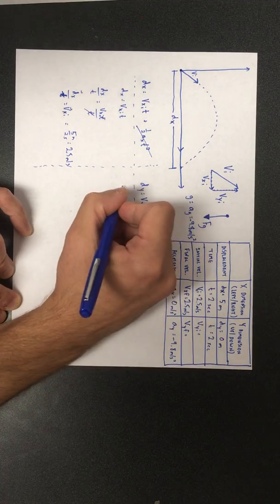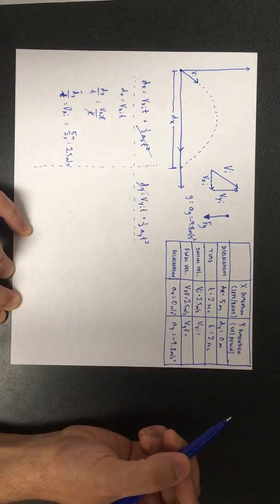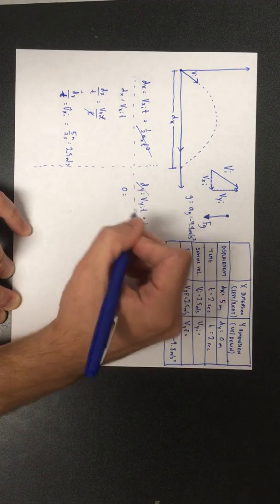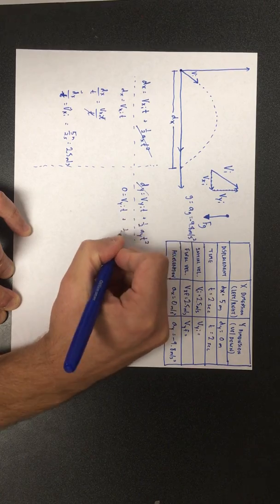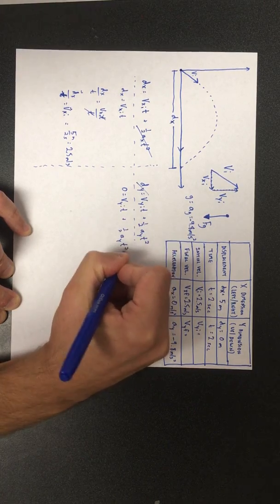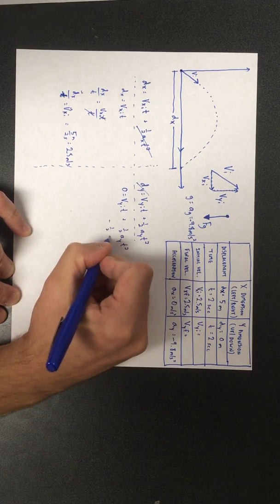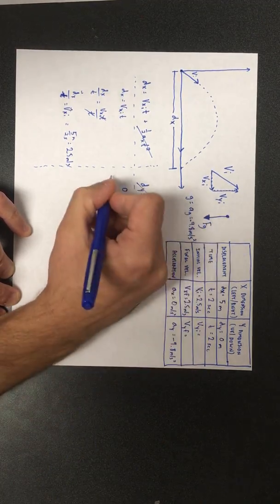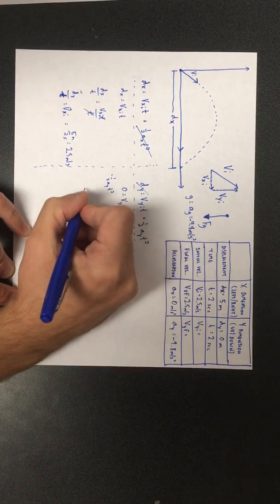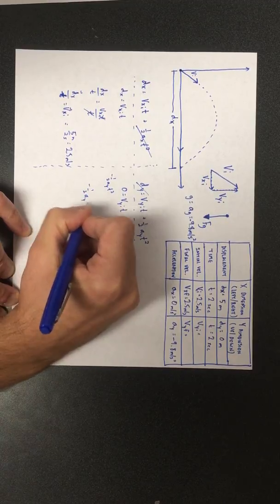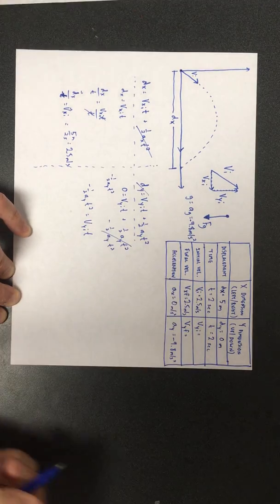With that trick, in our equation we can cancel out dy. And if we do that, we have 0, because that's what dy equals, vyi t plus 1/2 ay t squared. Now I'm going to subtract 1/2 ay t squared from both sides, and it'll go away. So we now have negative 1/2 ay t squared equals vyi times t.